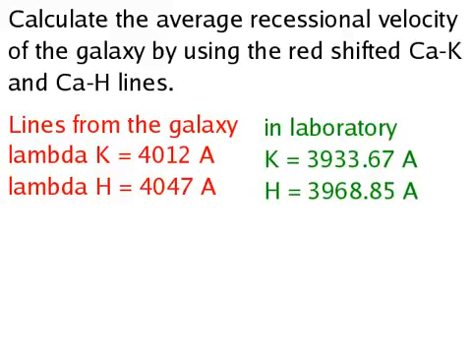You can really see with the values in the laboratory, if we just have calcium, heated up as a dilute gas, well, actually, we have to put a black body spectrum through it and have it as a cool gas, the absorption lines come in at 3,900 angstrom essentially, or just above 3,900. And the same element in the galaxies that are moving away from us come in redshifted at slightly over 4,000 angstroms.